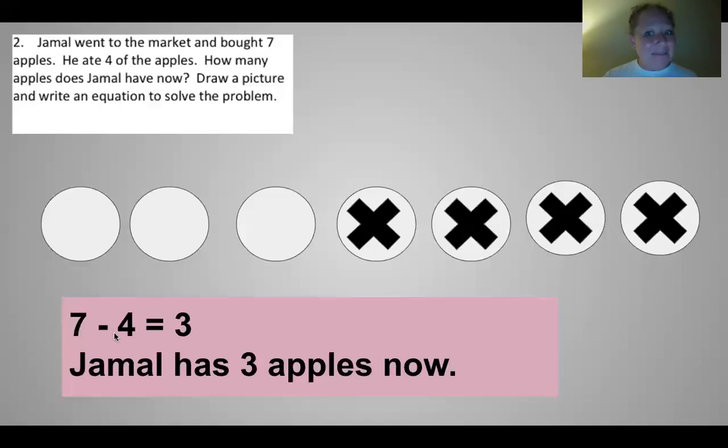How many did we have left? That's right. We have 3 apples left. Read the equation with me. 7 minus 4 equals 3. Jamal has 3 apples now. Nice job.